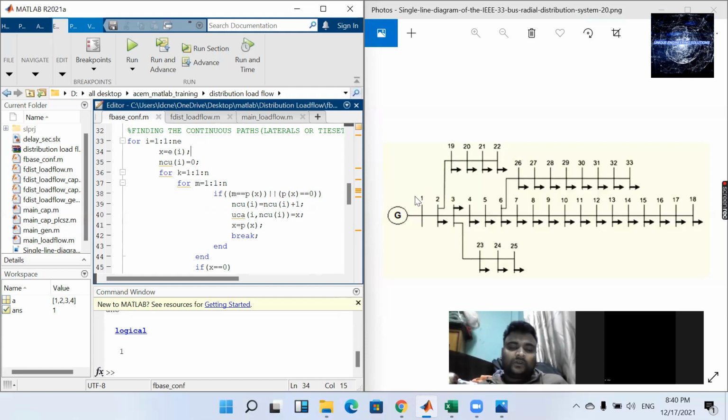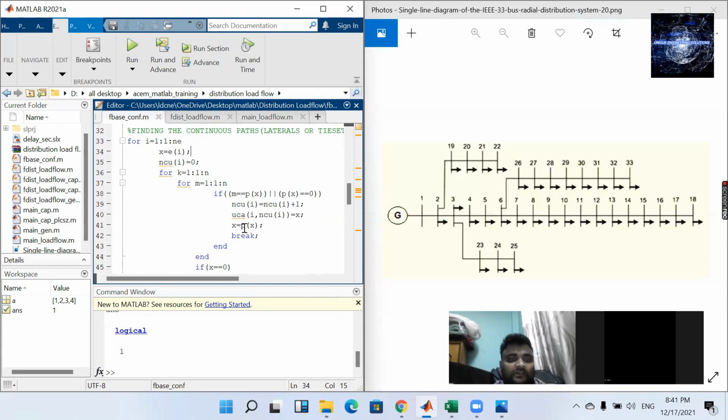That is, we have come up to the start node. Then the number of components used is 0 plus 1, that is 1, and we save x in UCA in ascending order. Then x equals px, that is, we have updated it now. In x we have put the precedence node of x.